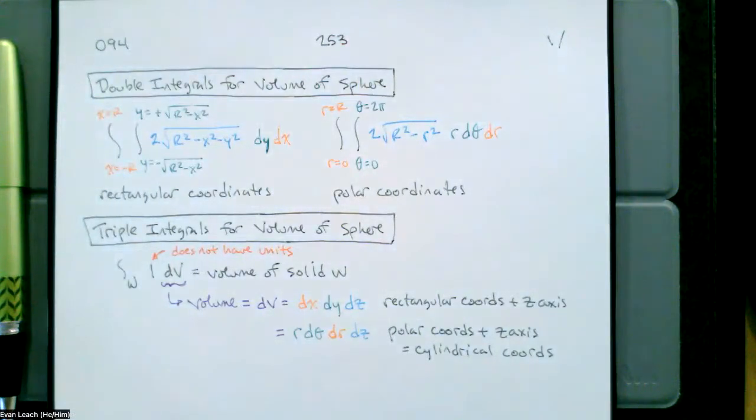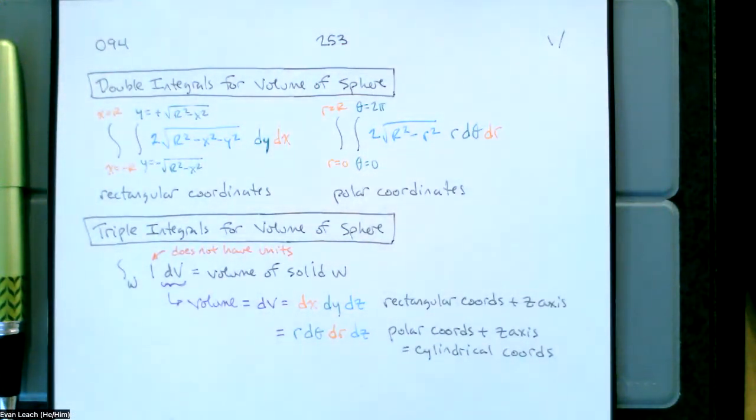When writing a triple integral in rectangular and cylindrical coordinates, just like writing a triple integral in any coordinates, we just look at our three coordinates, so x, y, and z, and we say what's x between, what's y between, what's z between. And for cylindrical coordinates, we'll say what's r between, what's theta between, and what's z between.